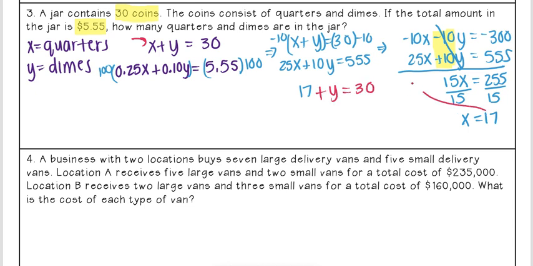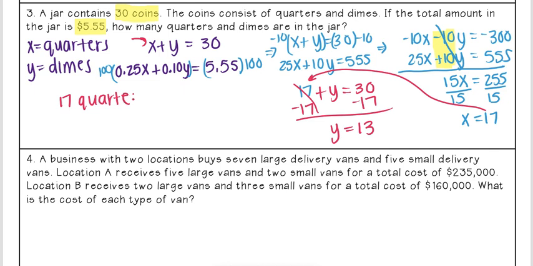So all I did was plug in 17 for x. Subtract 17 from both sides, and I get that y is equal to 13. So now I have my answer. x stood for my number of quarters, so I know there are 17 quarters and 13 dimes.